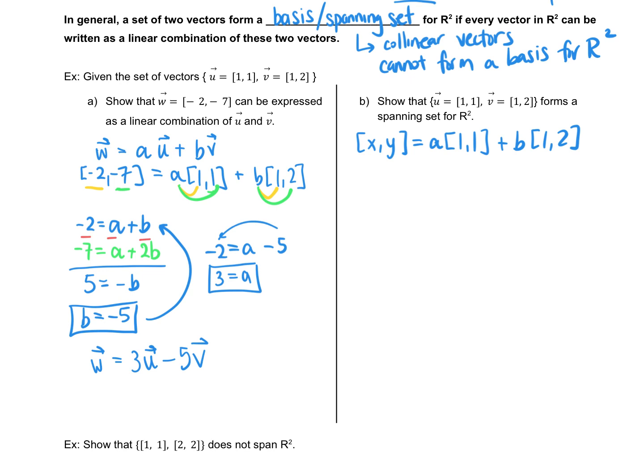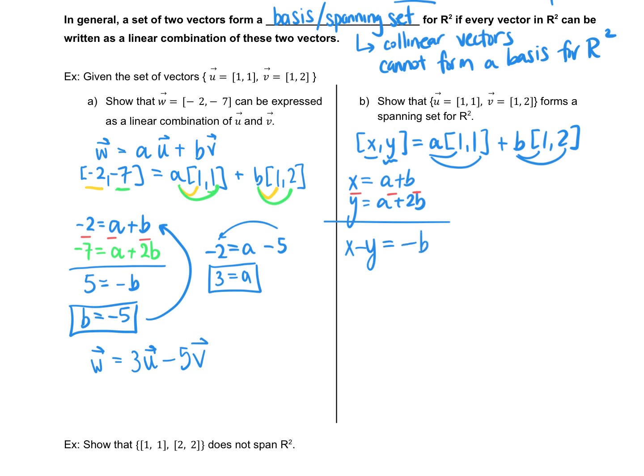So let's see what this is going to look like. x equals a times 1 plus b times 1, and then y equals a times 1 plus b times 2. Okay, the a's have the same coefficient, so again, I'm going to subtract.